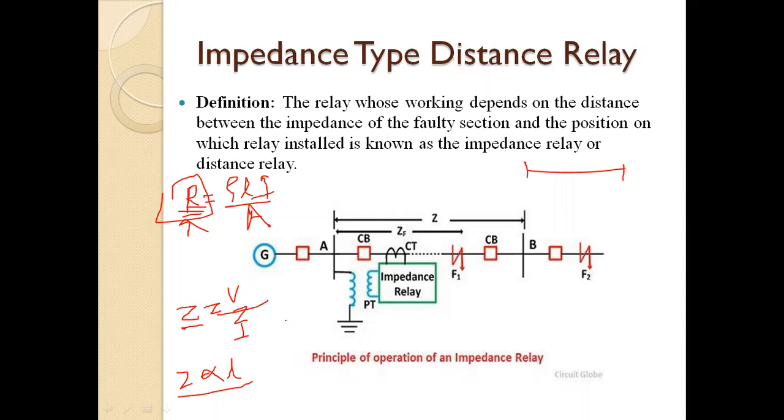Means whatever be the impedance of that line, or if the fault has occurred, whatever be the impedance at that point, from this only we can find the length of that fault, means where actually the fault has occurred. Therefore, this relay is very beneficial in the distance protection.